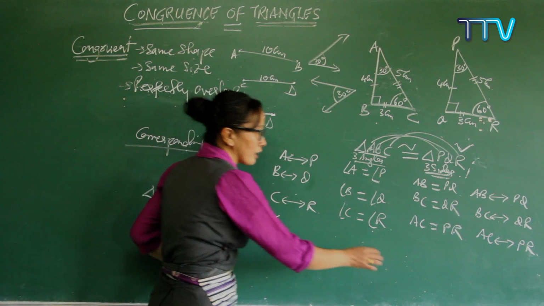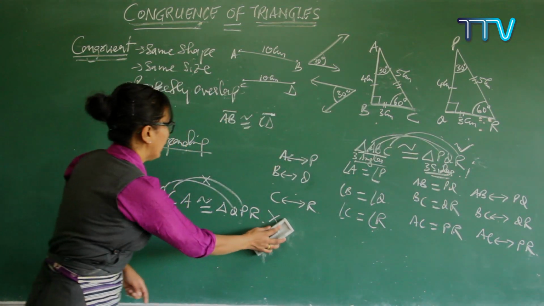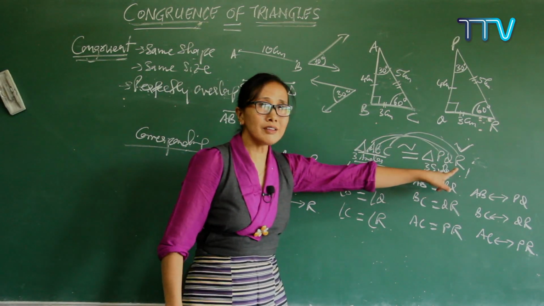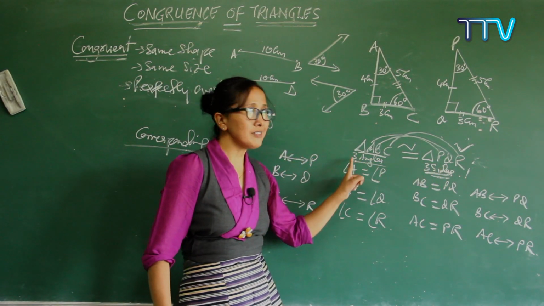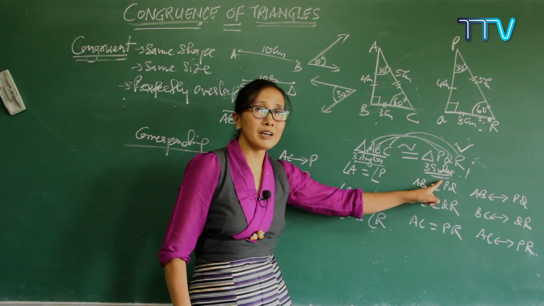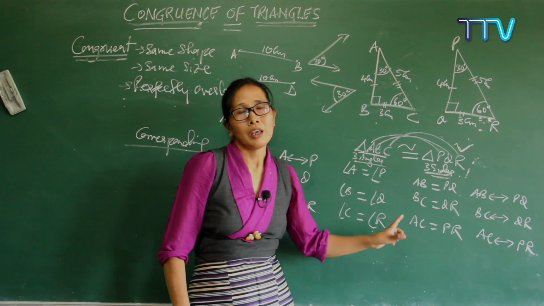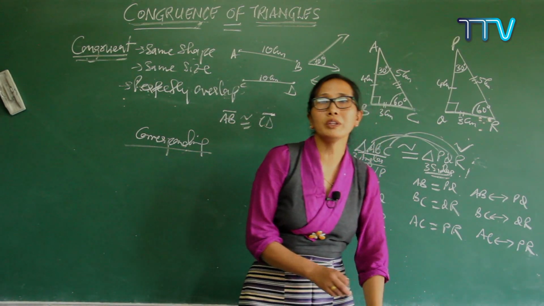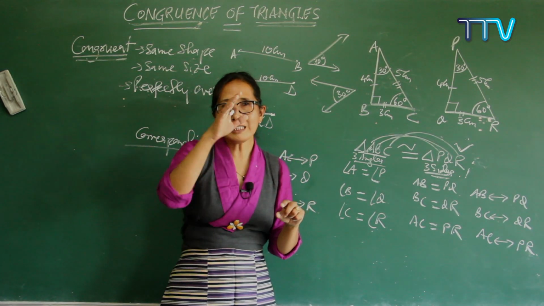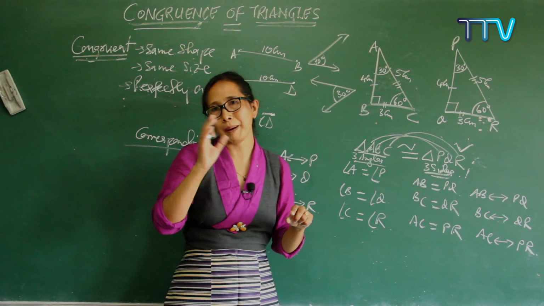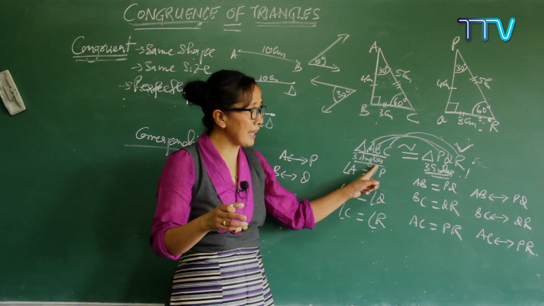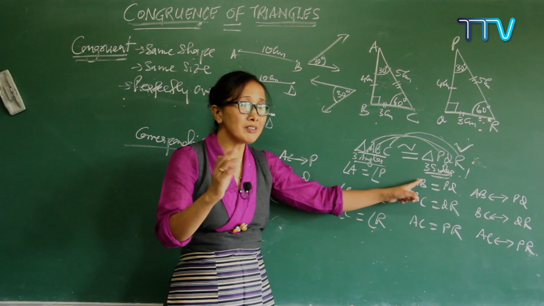Once we prove that, now see here, let me write it here. Once we prove that 2 triangles are congruent, then all 3 corresponding angles and corresponding sides are always equal to each other. If you know that 2 triangles are congruent to each other, then all other parts, all other corresponding parts, meaning the 3 angles and 3 sides, are always equal to each other.